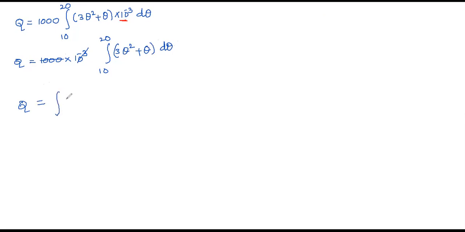So what I am doing now, I am multiplying. So integration of 3 theta square d theta, plus integration of theta d theta, and this is from 10 to 20, this is also from 10 to 20. What I did, I have separated the integration.